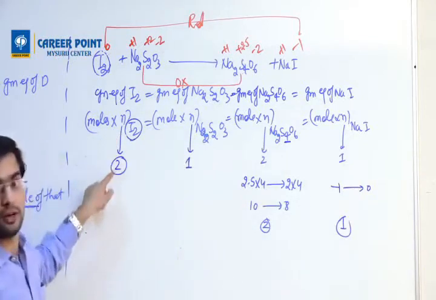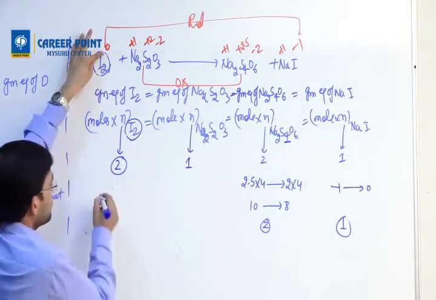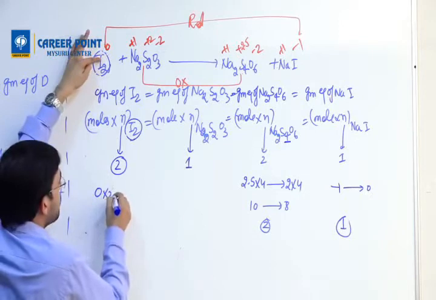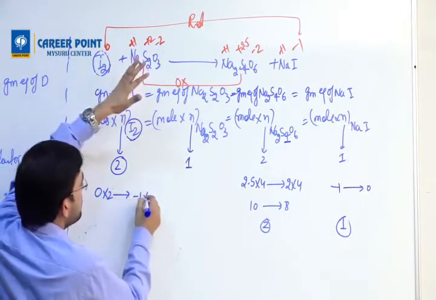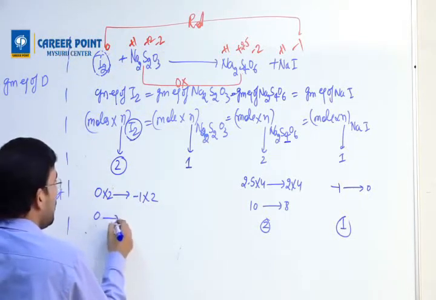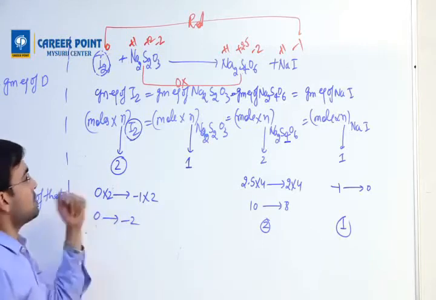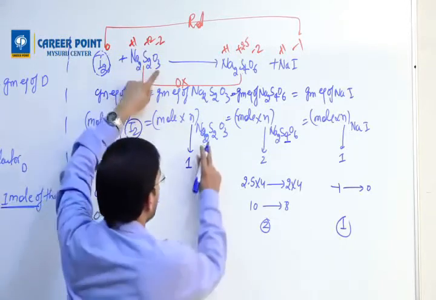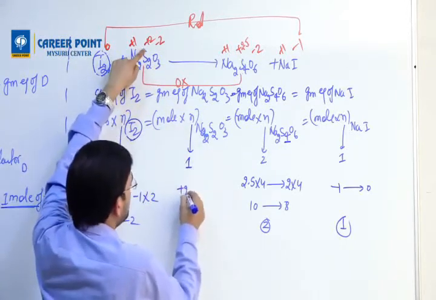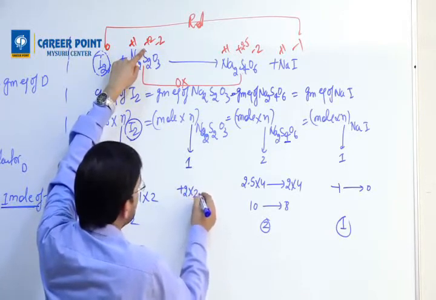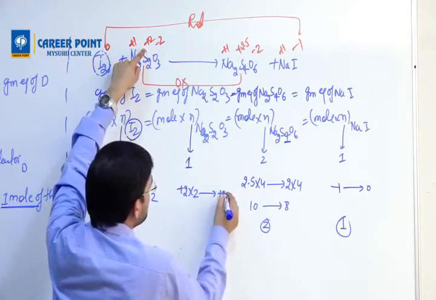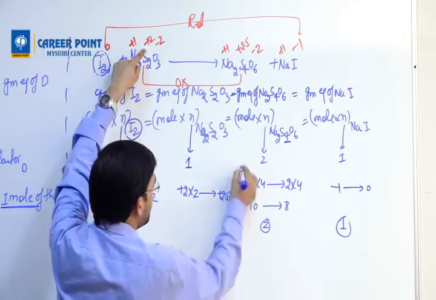Listen up here again, okay? There are 2 iodine. So 0 into 2, minus 1 into 2. So 0 to -2 changes by 2. Here you look at Na2S2O3, plus 2 into 2, 2 plus 2.5 into 2.